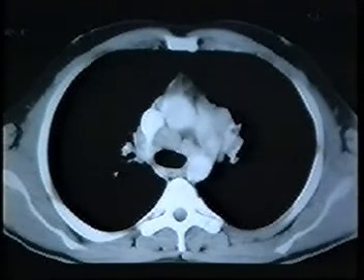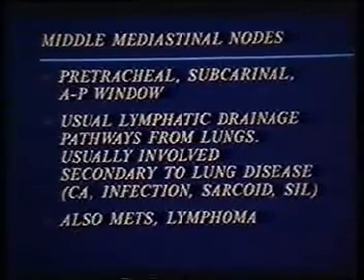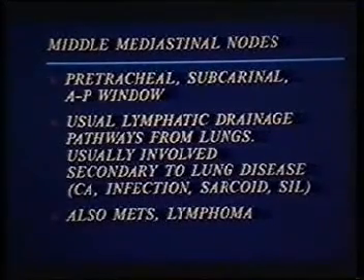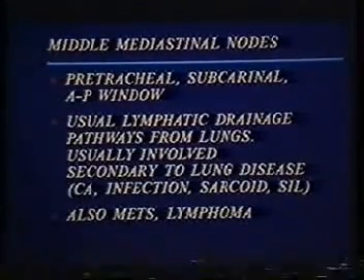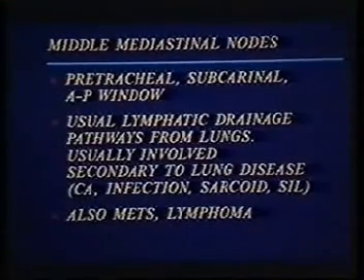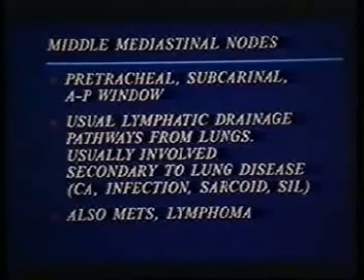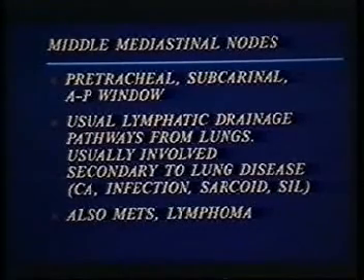Talking first about middle mediastinal nodes. As Gary mentioned in the last lecture, these nodes are pretracheal, subcarinal, and AP window. These are the middle mediastinal node groups that are generally abnormal in patients who have lymph node diseases. They represent the usual lymphatic drainage pathways from the lungs. When someone has a pulmonary disease, these are the lymph nodes that are generally abnormal.